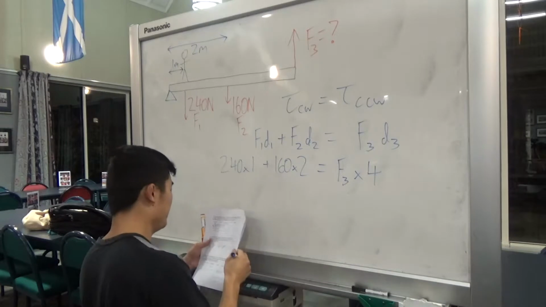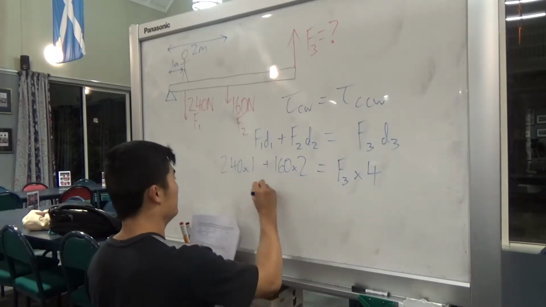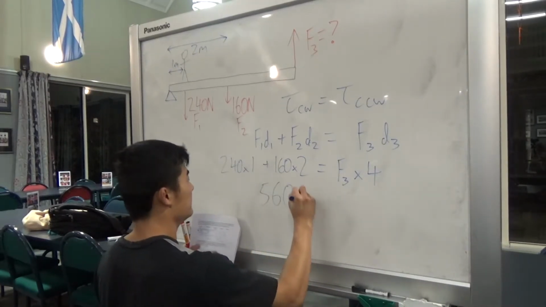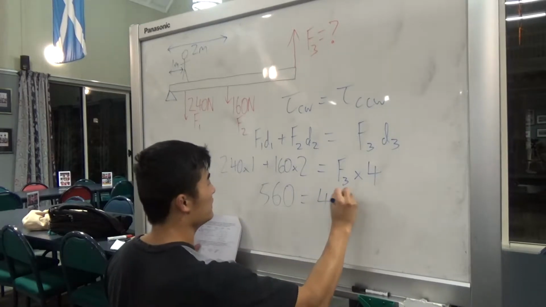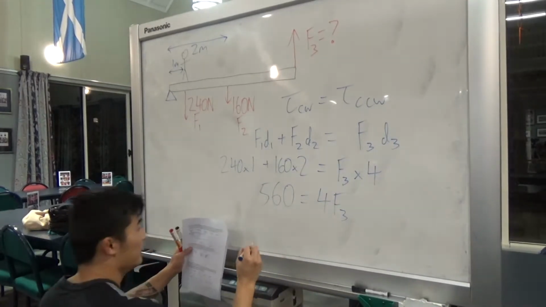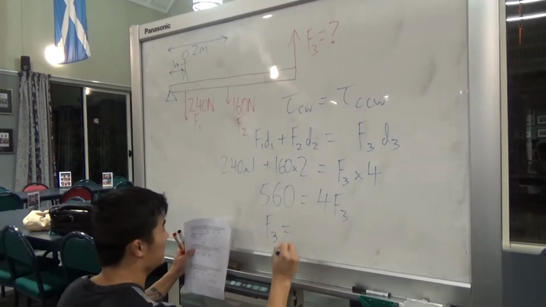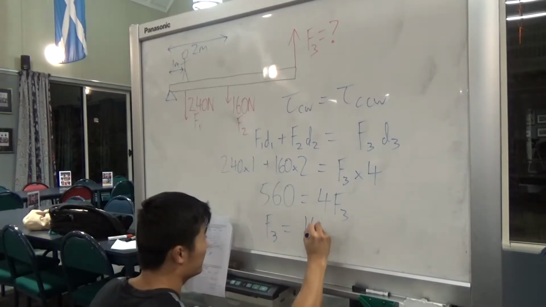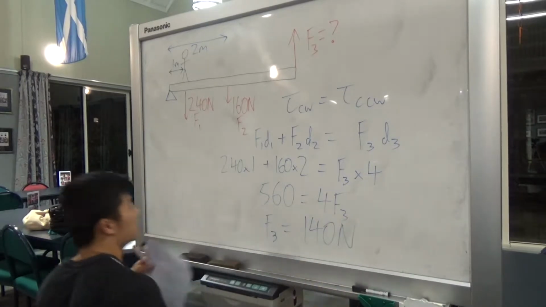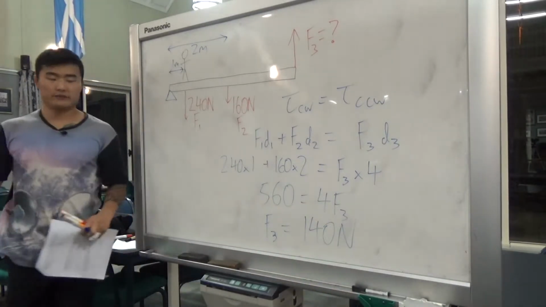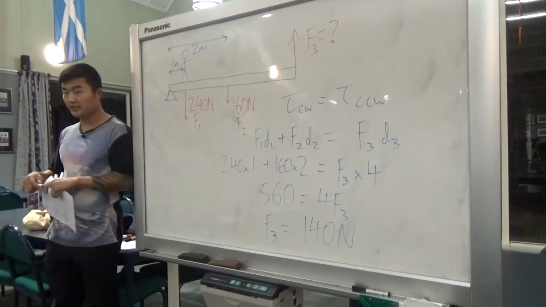Okay, so then 560 is equal to 4 times F3, and then F3 is equal to 140. So F3 is equal to 140 newtons.